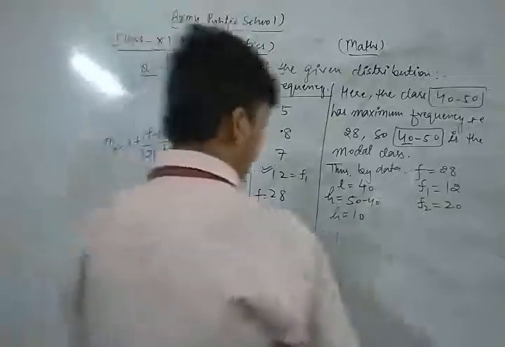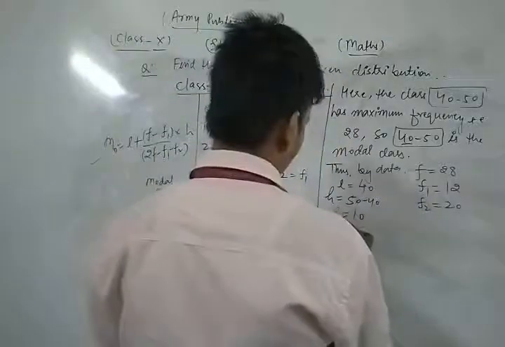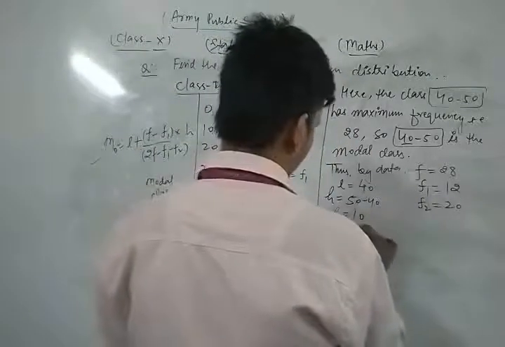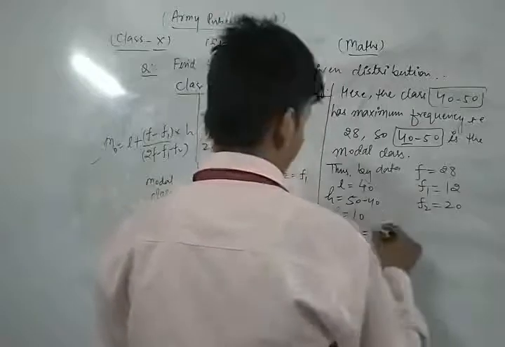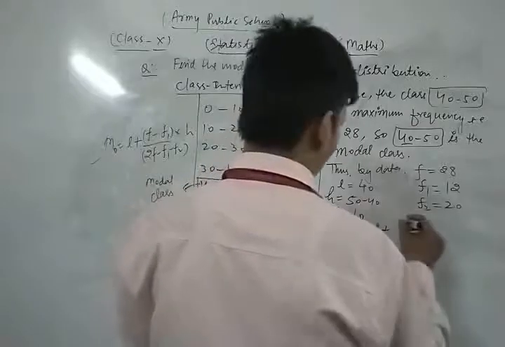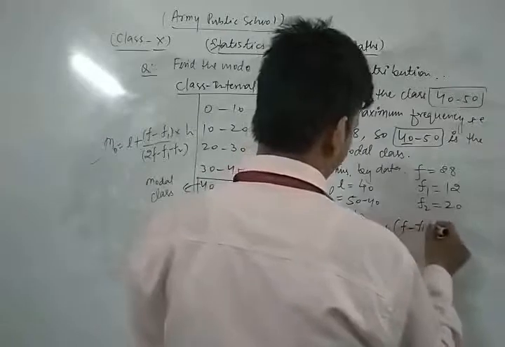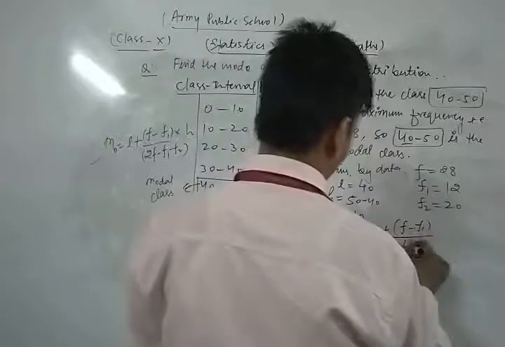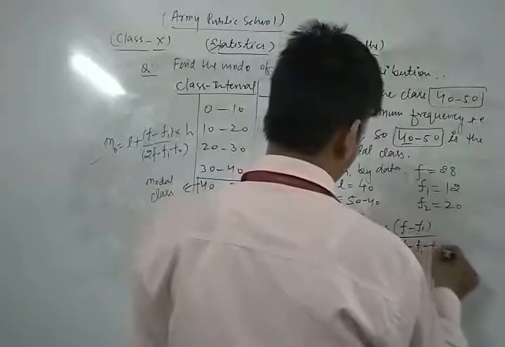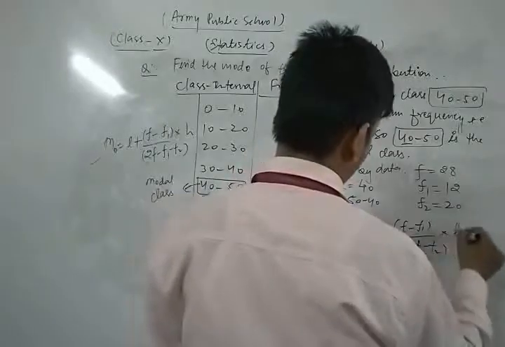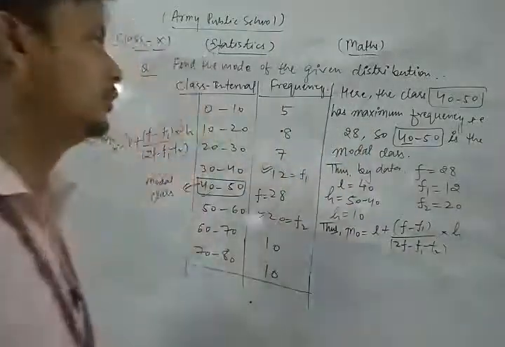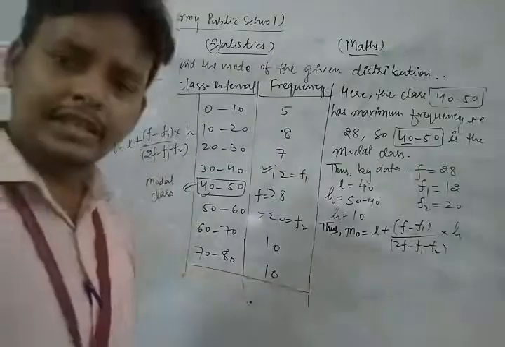Thus mode is L plus (f minus f1) upon (2f minus f1 minus f2) into h. Now we put all these values in this formula.